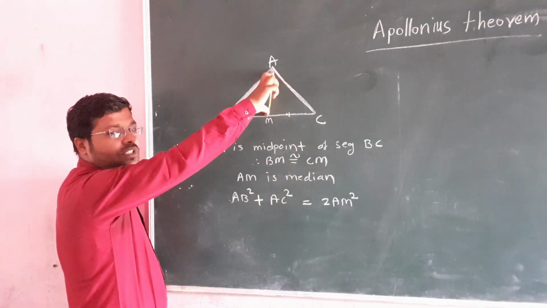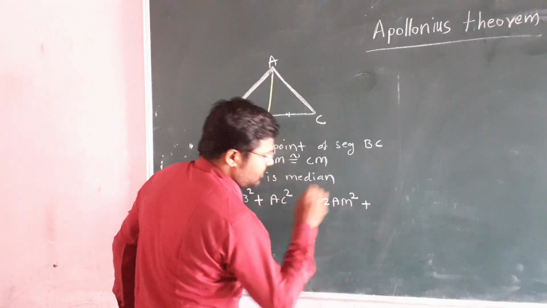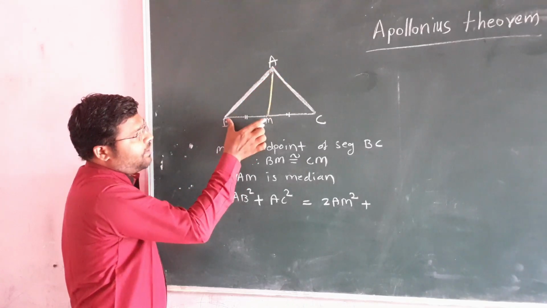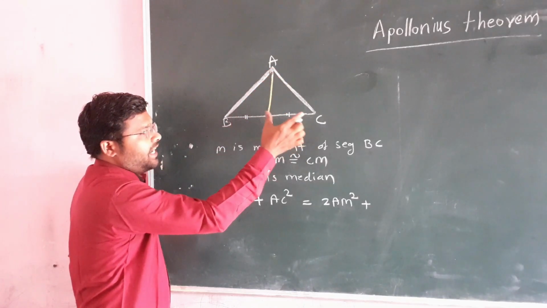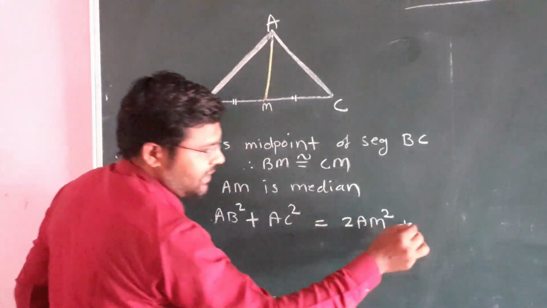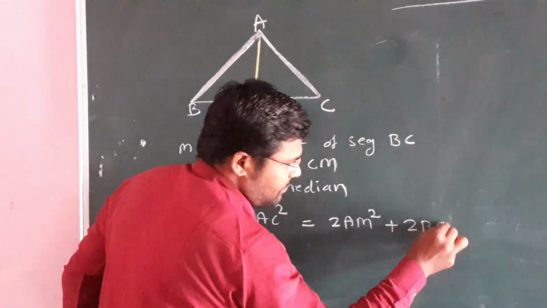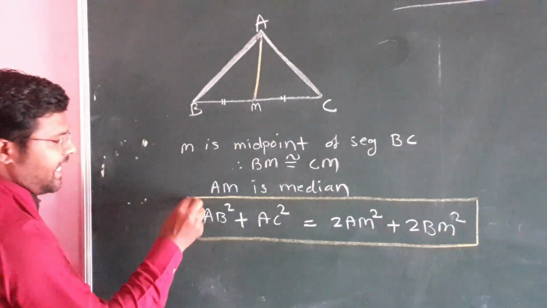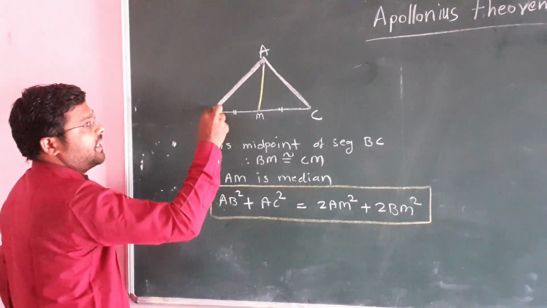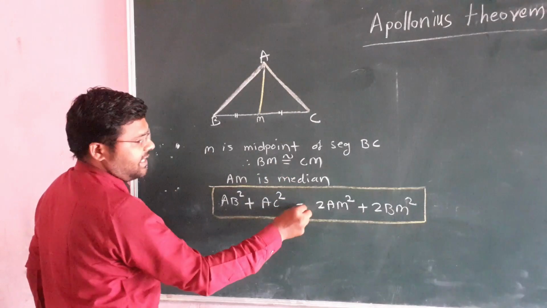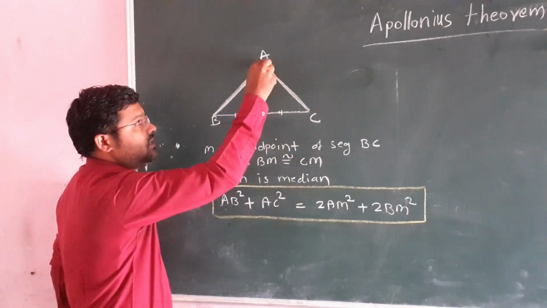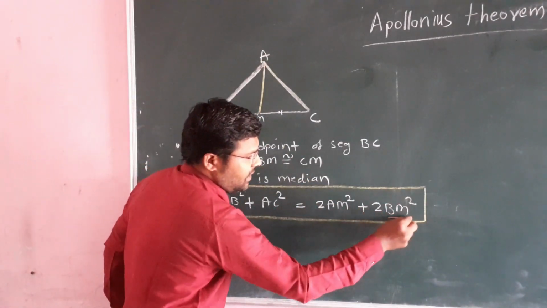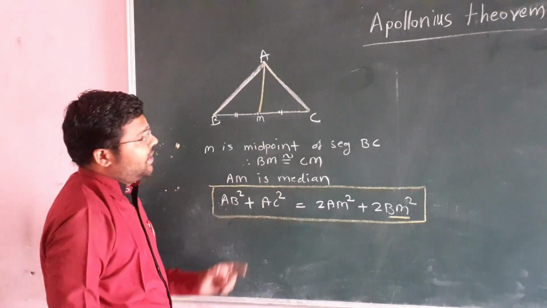So 2 AM square plus 2 times one part of the opposite side of vertex A, BM or CM. We can take CM or BM, so I will take 2 BM square. This is the theorem of Apollonius. AB square plus AC square is equal to 2 AM square, square of median, plus 2 BM square. Here we can take CM also. Okay, look at the board.